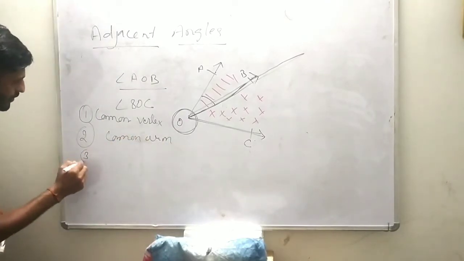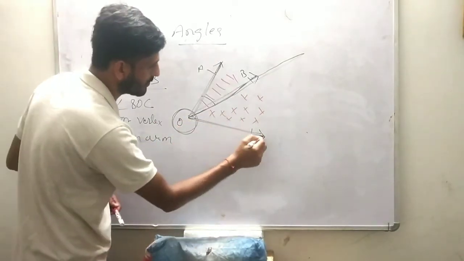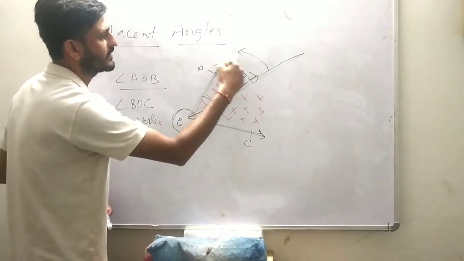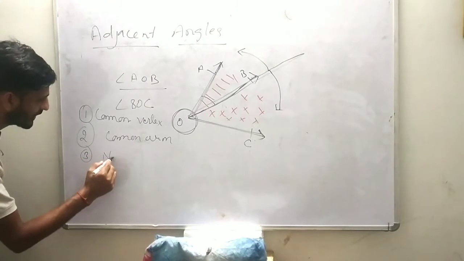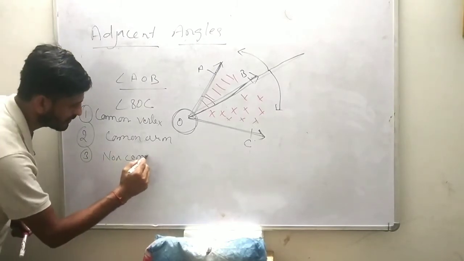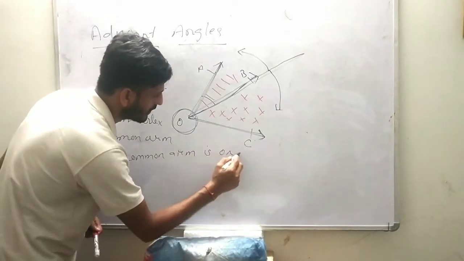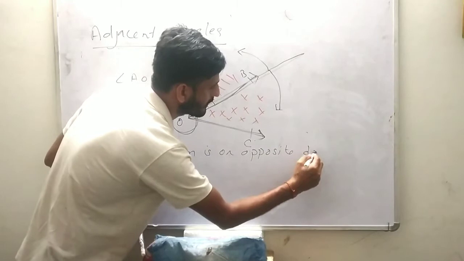And the third point is that the non-common arms are in the opposite direction. One is in this direction and another one is in this direction. So the non-common arms are on opposite sides.